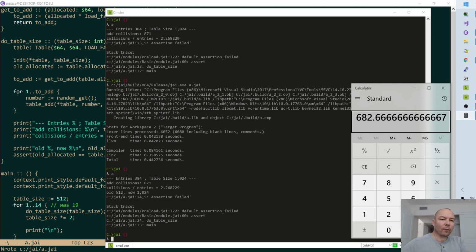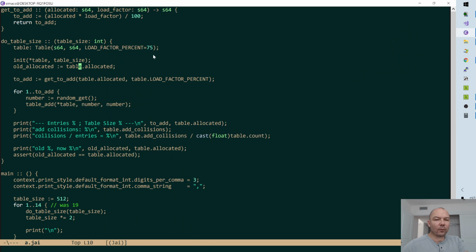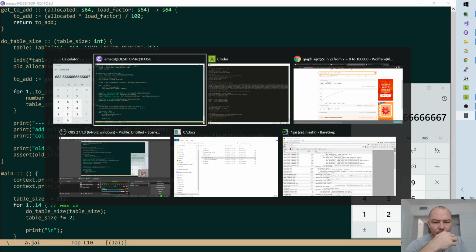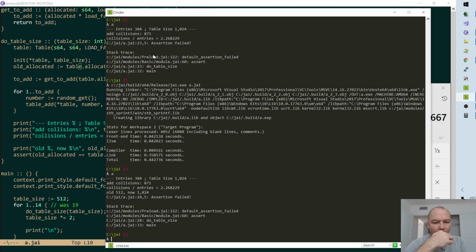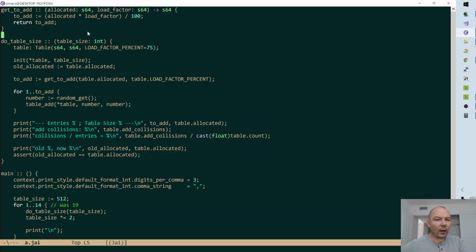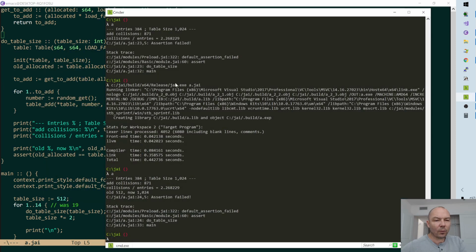Hold on. Hold on. That's not even... If our load factor is 75, then why did our 2 add? What? How did we get this?